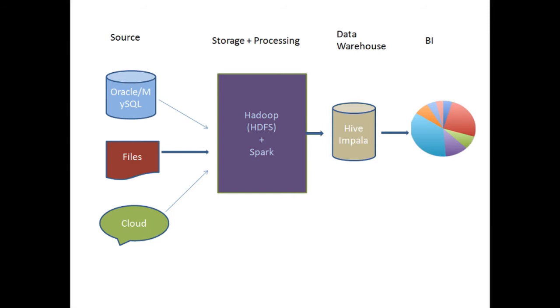So all the transformations and everything will be done using Spark. And once processing is done, the final data set will be stored again as a Hive table or Impala table. That is called the main data warehouse.